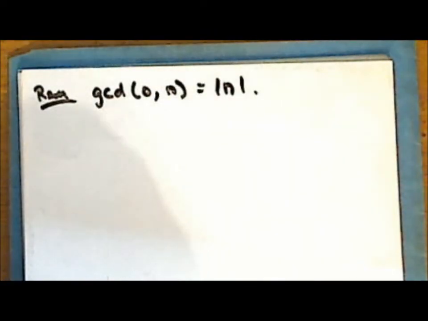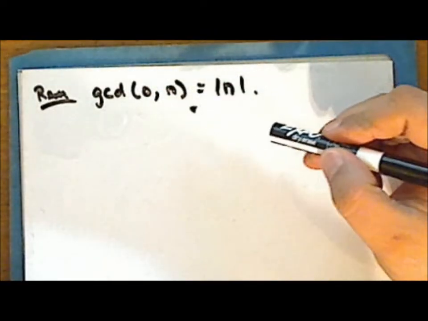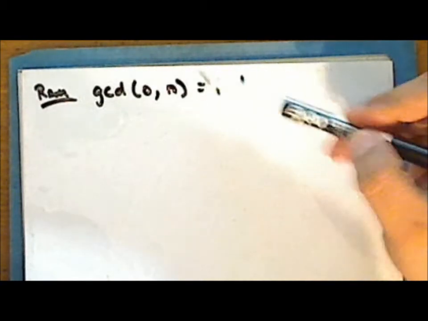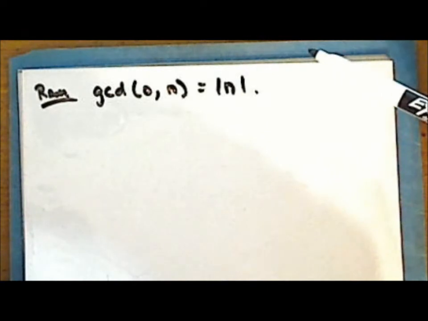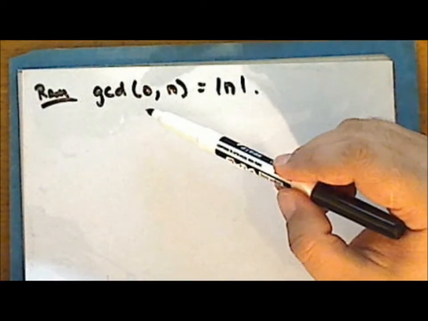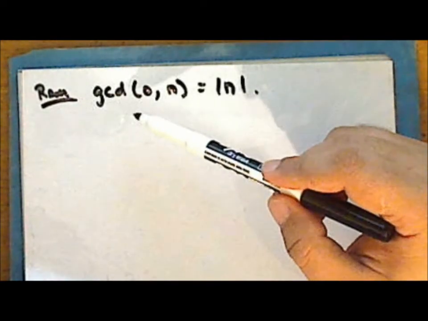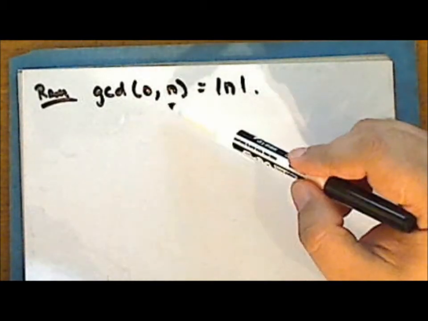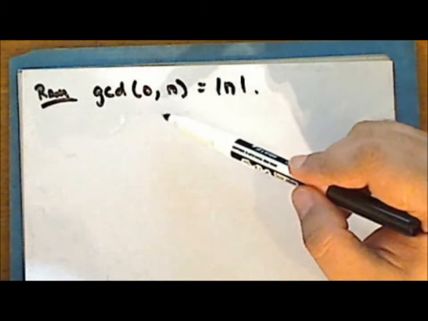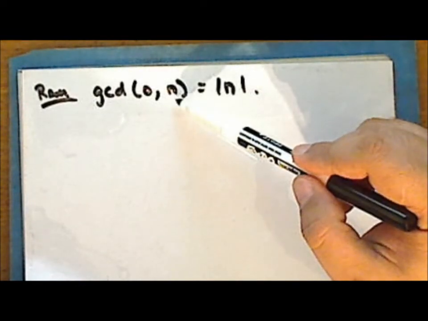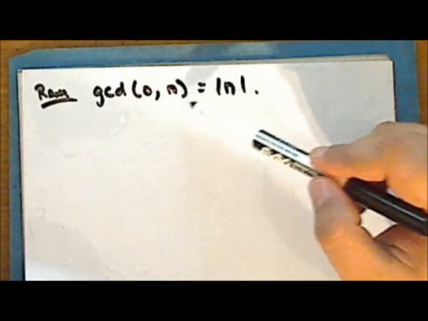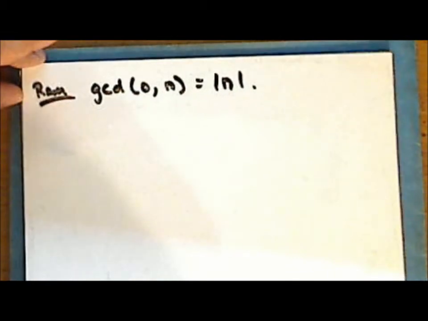And this is because n certainly divides itself, and any integer divides 0, and so n certainly divides 0. And so in the case that we consider the greatest common divisor of two integers, one of which is 0, we say that the greatest common divisor is the absolute value of the integer n. Okay?